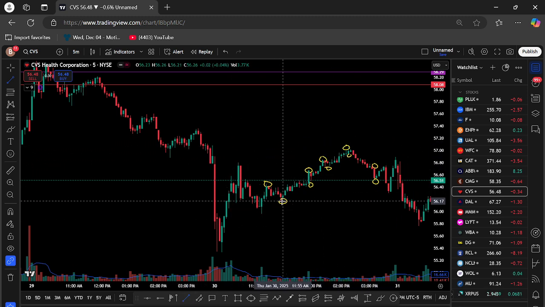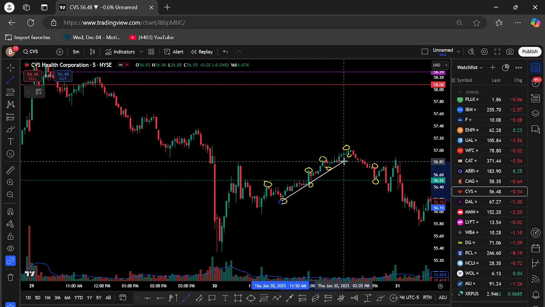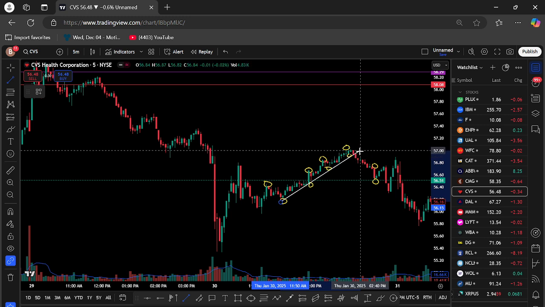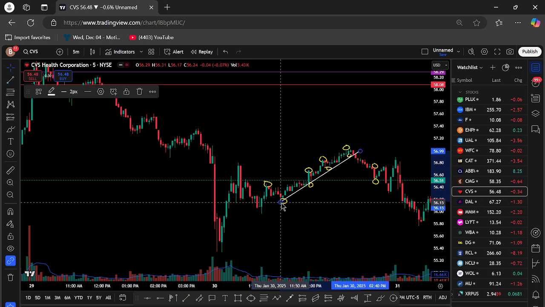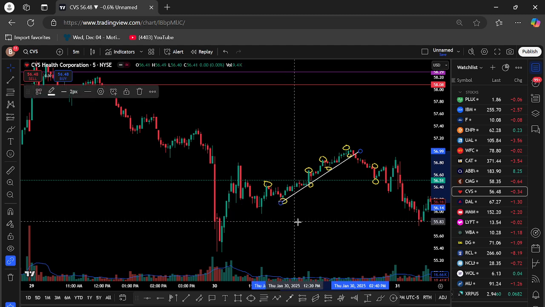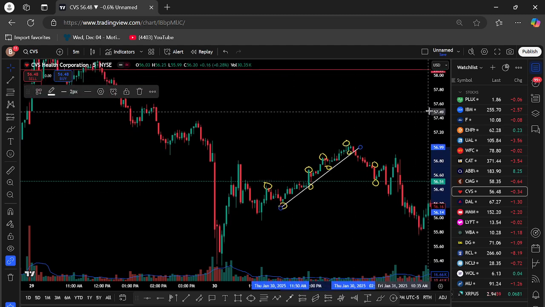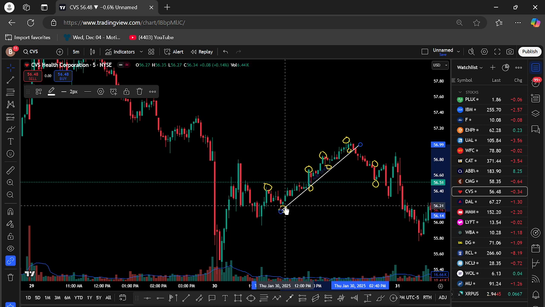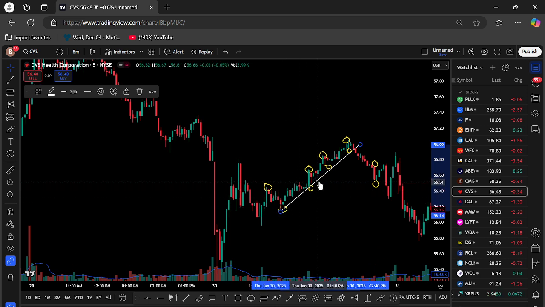When we look at a chart, it's very important to use our lines to see where our channel and trend are going. The way we do that is we just draw a line, and we draw the line to see if we can touch as many candles or wicks as possible.